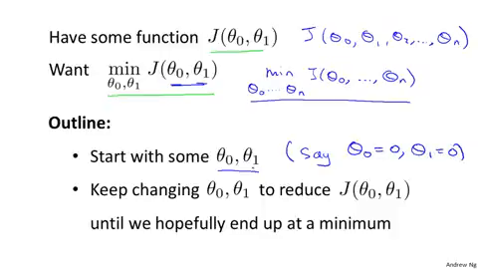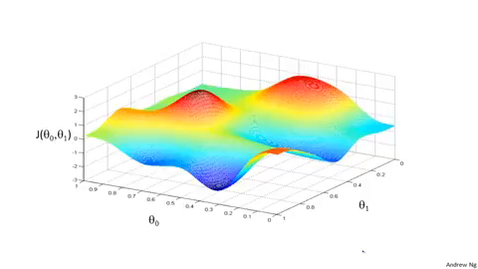What we're going to do in gradient descent is keep changing theta 0 and theta 1 a little bit to try to reduce J of theta 0, theta 1 until hopefully we wind up at a minimum, or maybe at a local minimum. So let's see in pictures what gradient descent does. Let's say you're trying to minimize this function. Notice the axes: theta 0, theta 1 are on the horizontal axes, and J is the vertical axis.